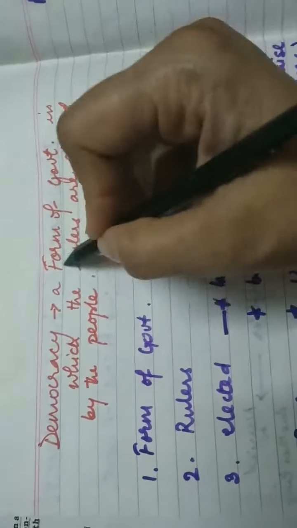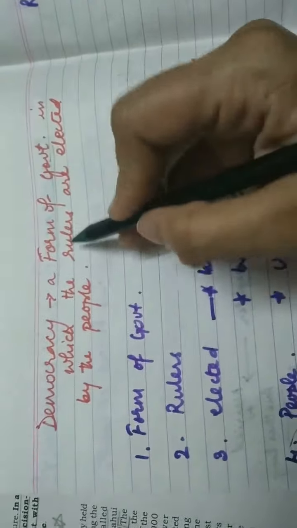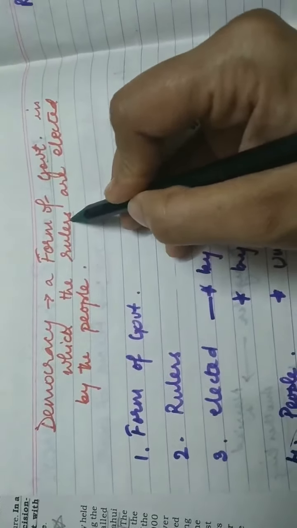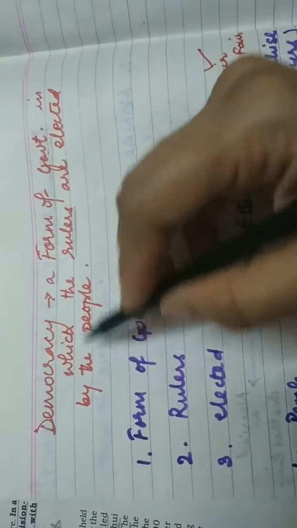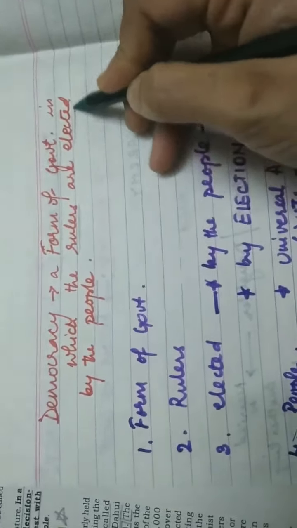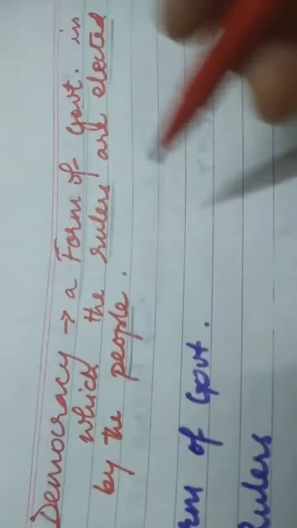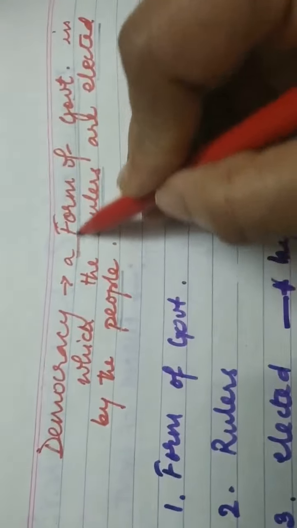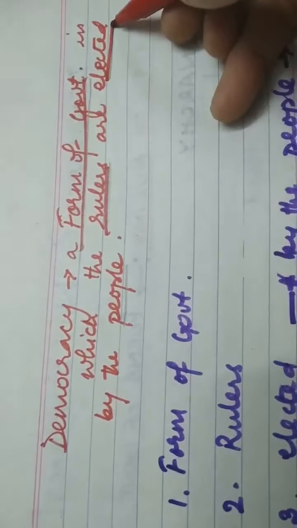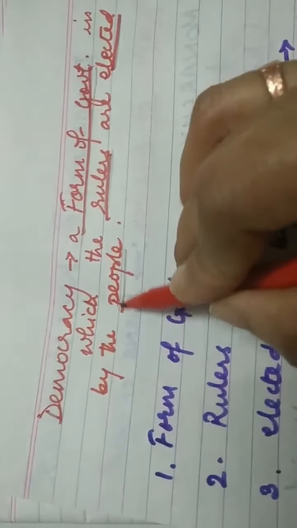Now how? It's a form of government in which the rulers are elected by the people. We have four important words in this. First is a form of government, second is the rulers, third is the elected, and fourth is the people.